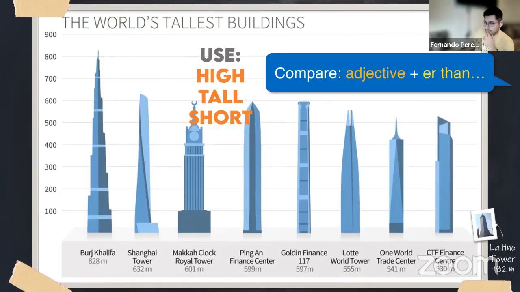Laurita, compare two towers in this picture. The Lockwood Tower is shorter than Golden Finance. Correct. 117.